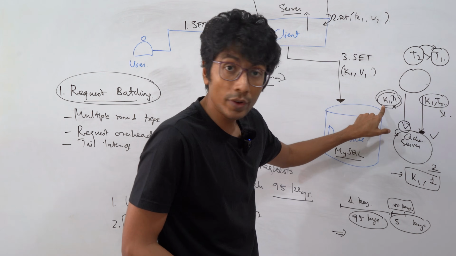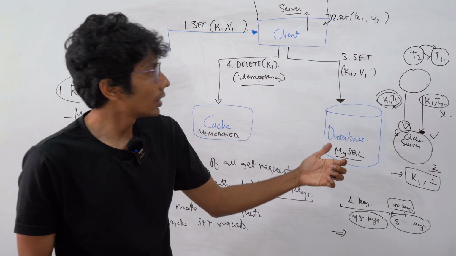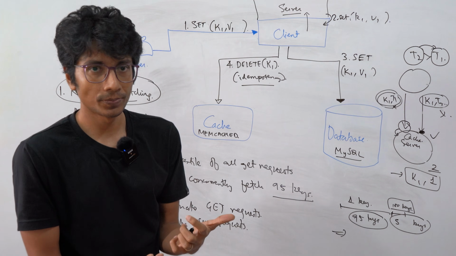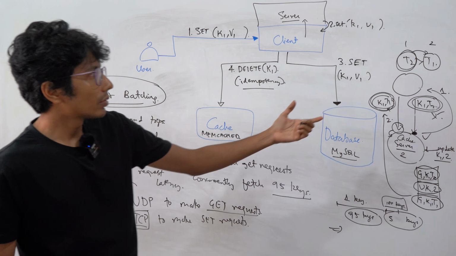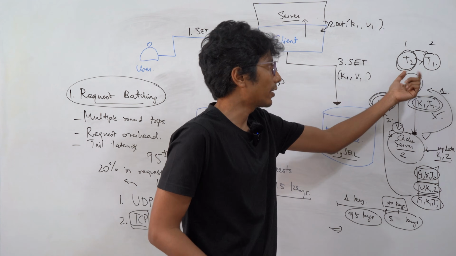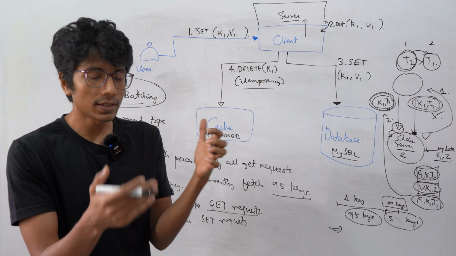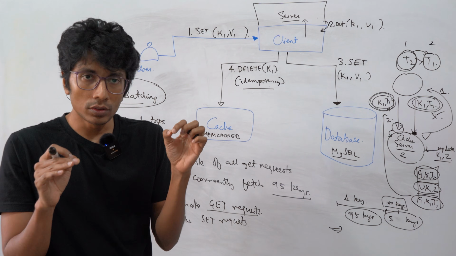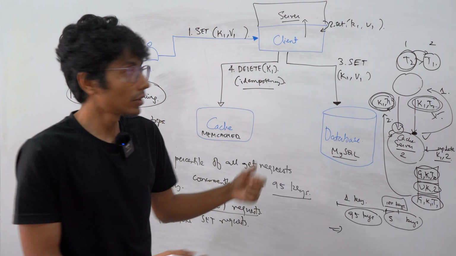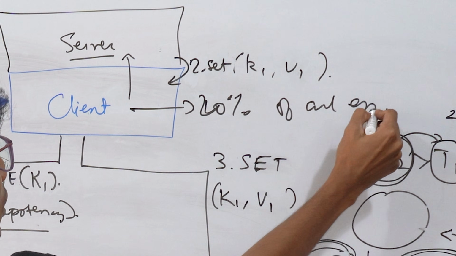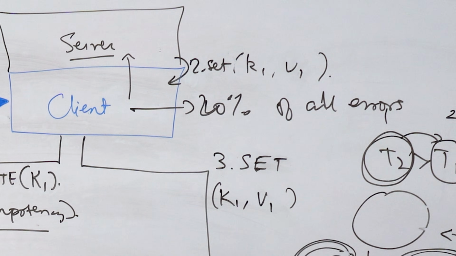It's possible that this request gets a more fresh value of key1 than this one, because of the same idea of processing out of order. What do they do if they get an anomaly like this, if they get responses out of order? They just drop the packets. If the packets are out of order, then Facebook, the client, treats it like an error. So 20% of all errors in Memcache is actually just out of order packet processing.